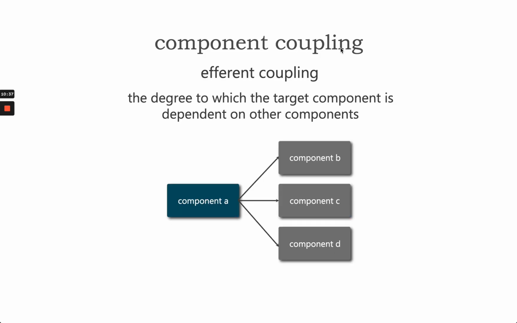These are terrible names, but they were named after graph theory when these were defined way back in the 1980s. And so we're kind of stuck with afferent and efferent coupling because all the tools still refer to these as afferent and efferent coupling. Afferent is incoming, efferent is outgoing. And there are a couple of metrics tools that I'll show you in just a second that let you measure coupling.